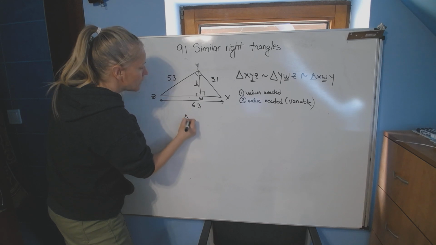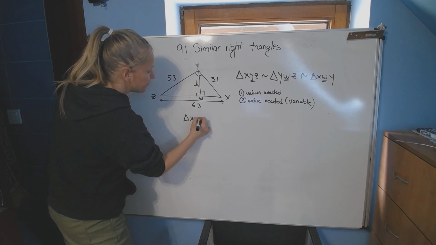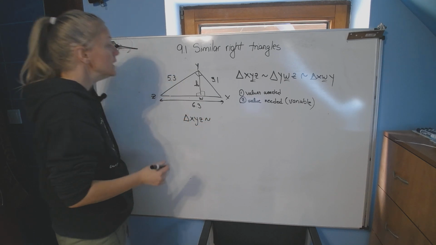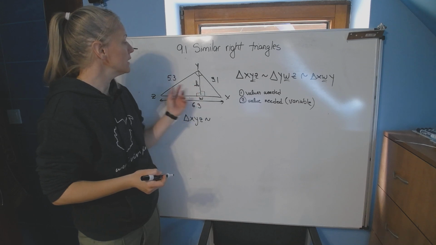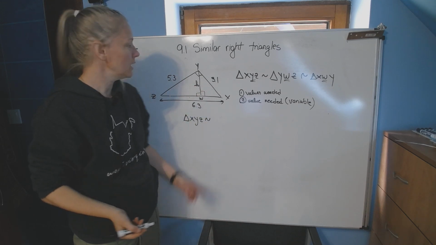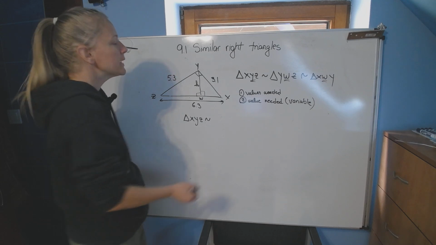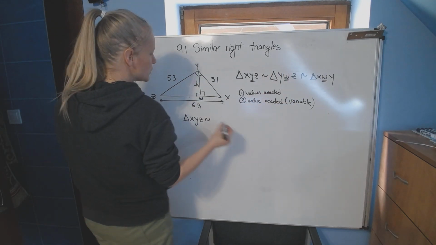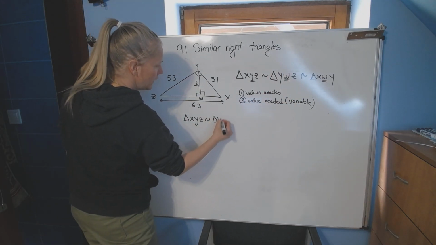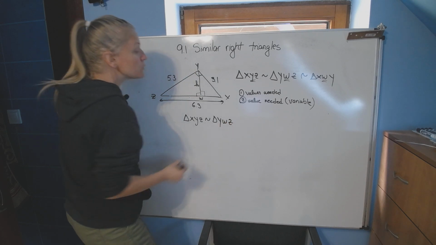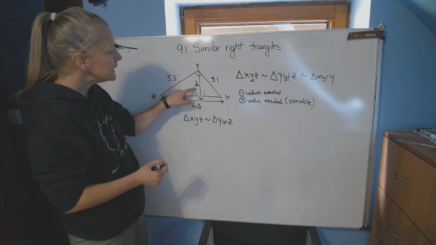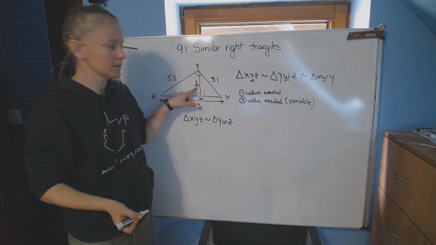So I'm going to use the triangle XYZ that is similar to, and I am free to pick either one of these 2 triangles. It doesn't matter. We can pick the medium-sized one, or we can pick the smaller-sized one. Because I used the medium one over here, I'm just going to use that one, YWZ. And here's why I know I need to use this. I need a triangle that has h in it.